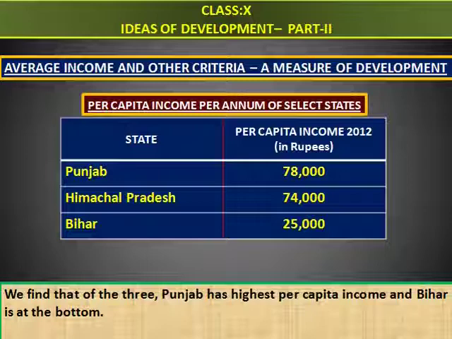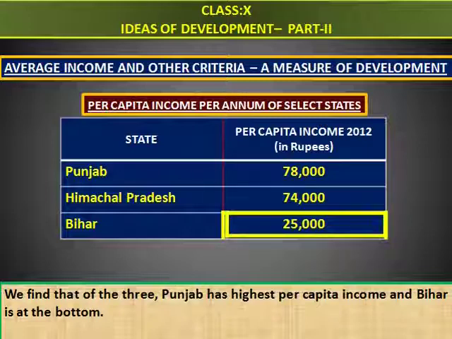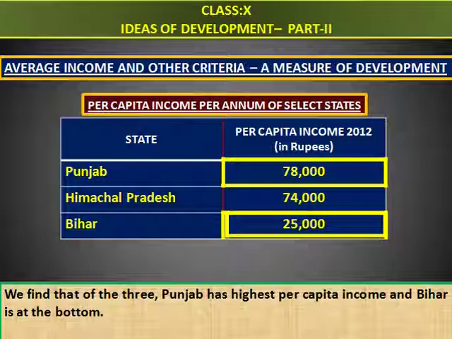This means that on average a person in Punjab earned 78,000 in 1 year, whereas on average a person in Bihar would earn only around 25,000. So, if per capita income were used as the measure of development, Punjab would be considered the most developed and Bihar the least developed state of the three.